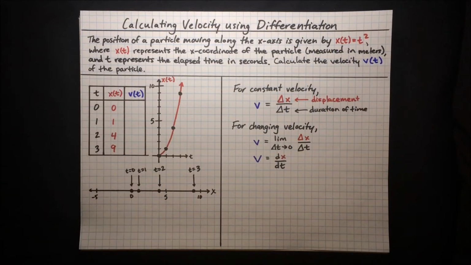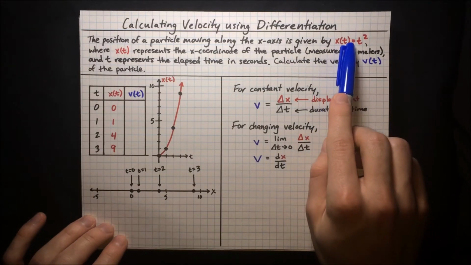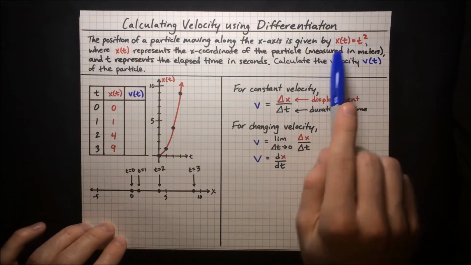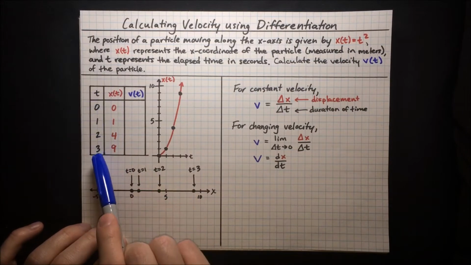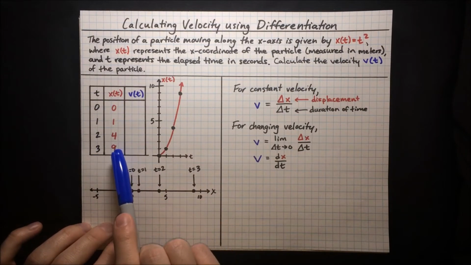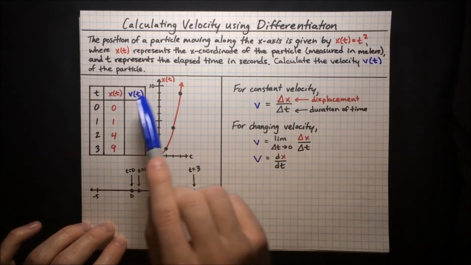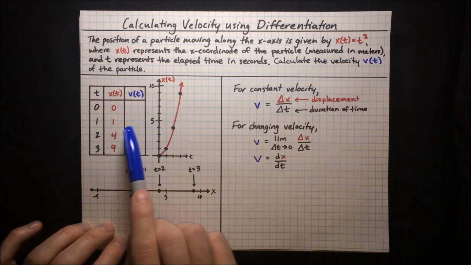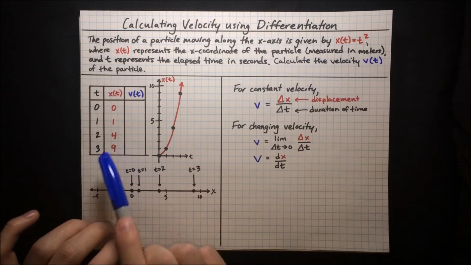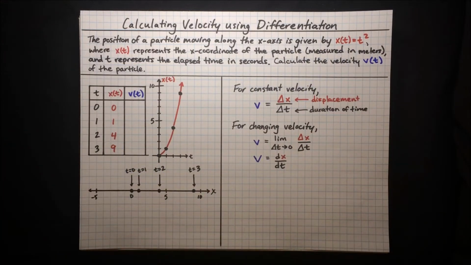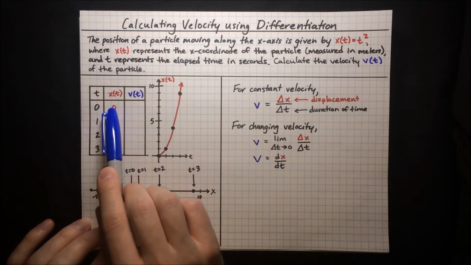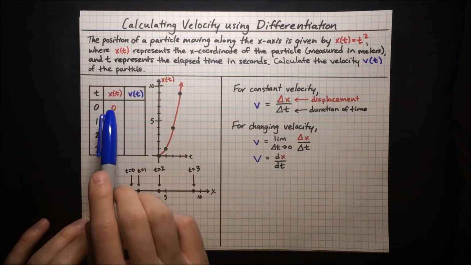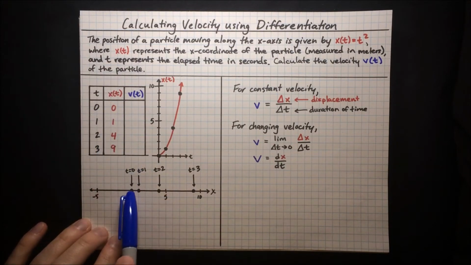First of all, though, let's talk about what this position function is actually telling us. Here we've got a table of some values for t and some values of the position function. 0 squared is just 0, 1 squared is just 1, 2 squared is just 4, and 3 squared is just 9. What this tells us is that at t equals 0, when the particle first starts out, it's at an x-coordinate of 0, so right here.